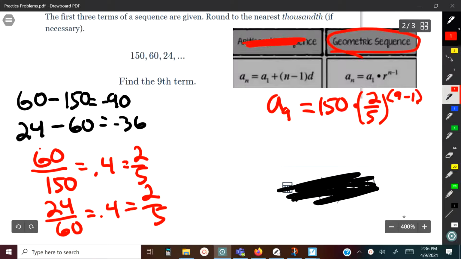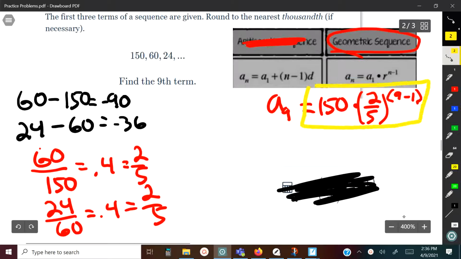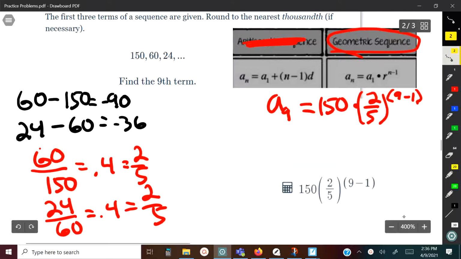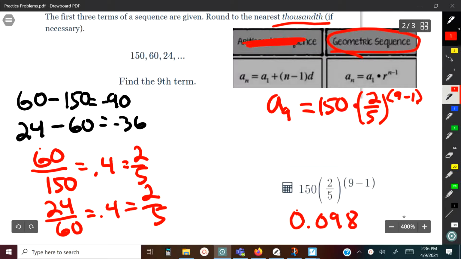If you want to, you can go ahead and do that subtraction and get 8, or you just type it all in. Type this section all into the calculator. Once you type all that into the calculator, it should look like this. And your answer should be a big decimal, 0, but it's rounded to the nearest thousandth. So that's 3 decimal places. So 0.098 is your answer.